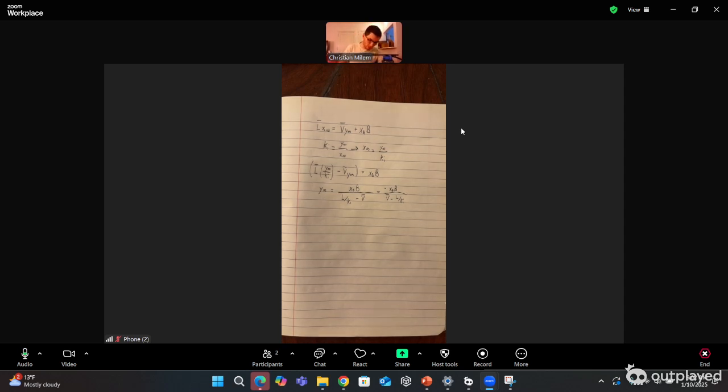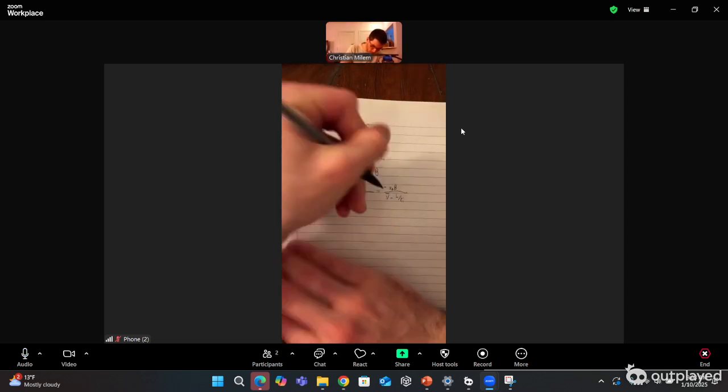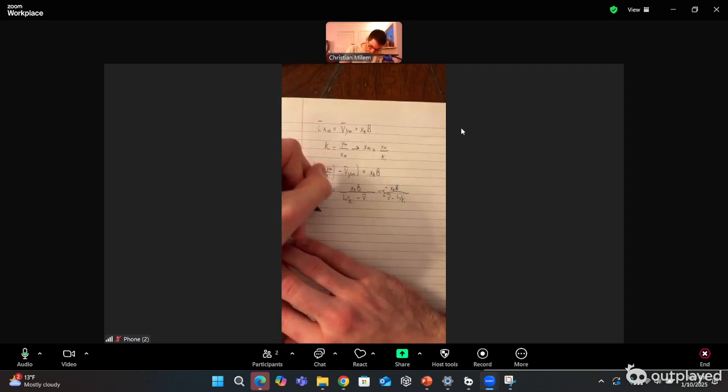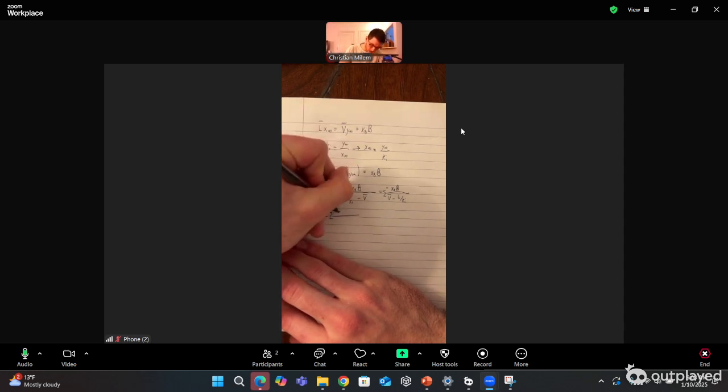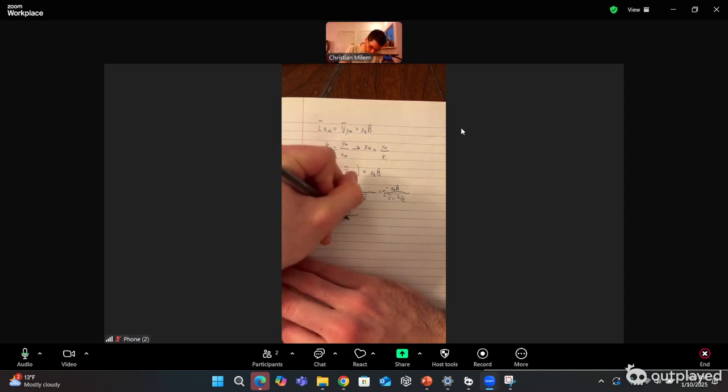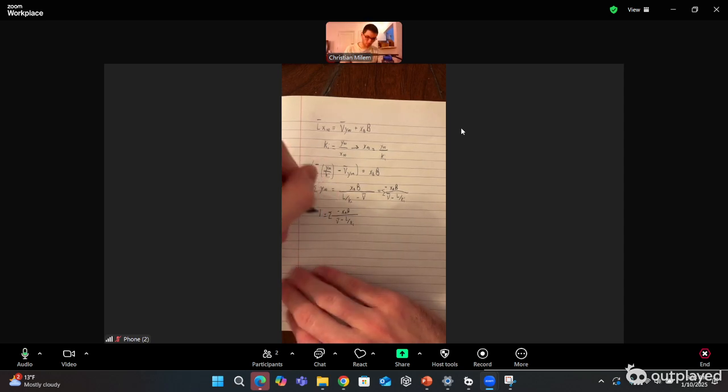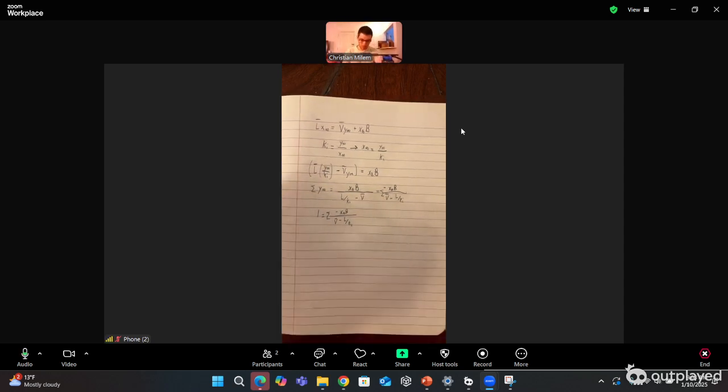So we're going to do the same thing that we did last time. We're going to take the summation of these. We're left with 1 equals the summation of negative xb times b over v bar minus lki. I'm going to move the negative over to this side, and then we'll multiply everything by v bar.